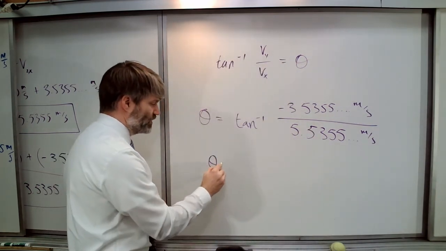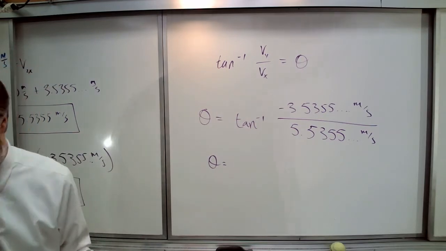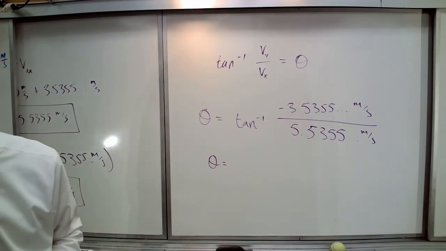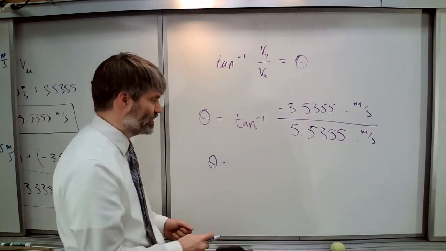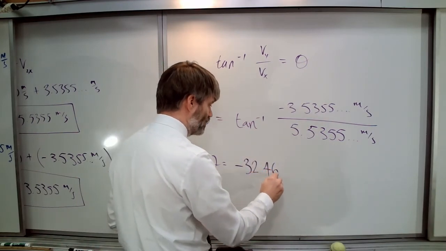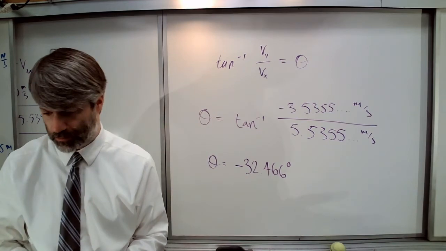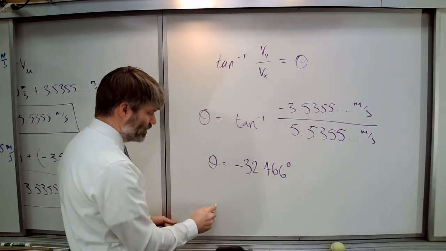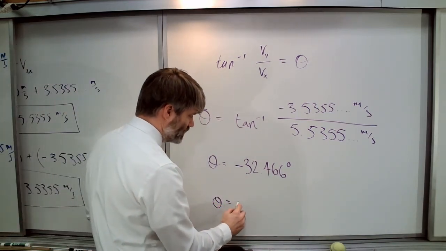So theta ends up being, in this case, negative 32.466 degrees. We'll round that as well to 3 digits.